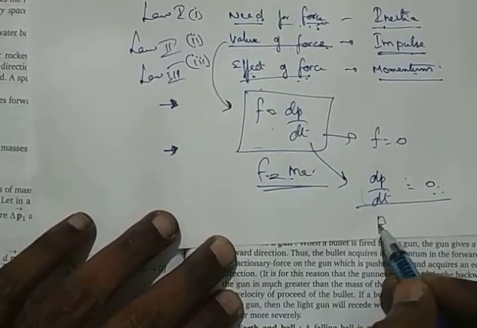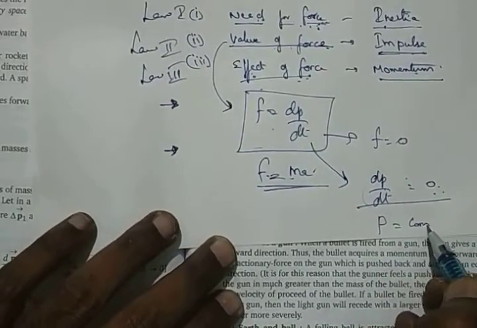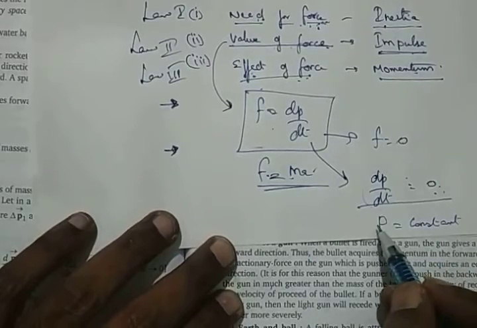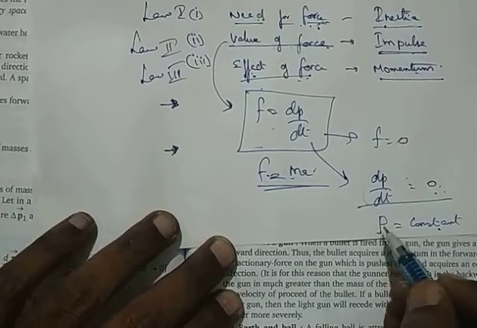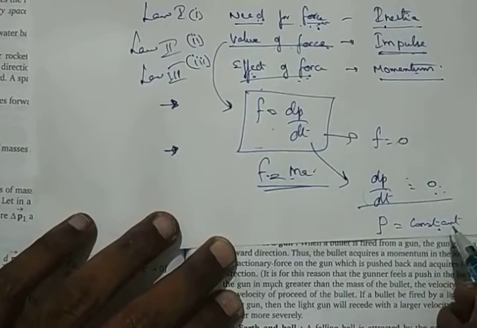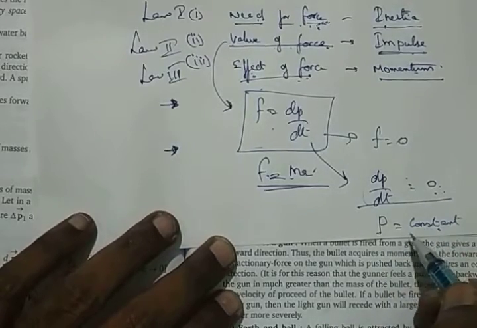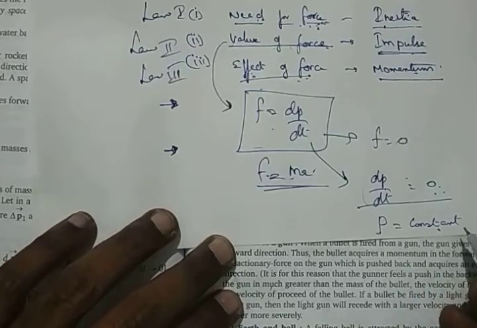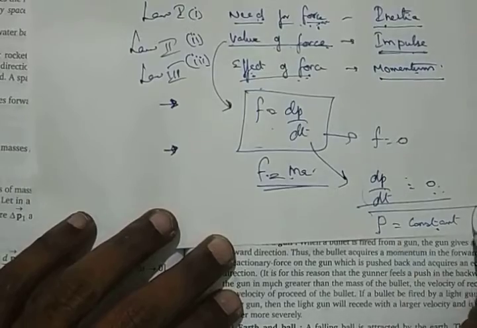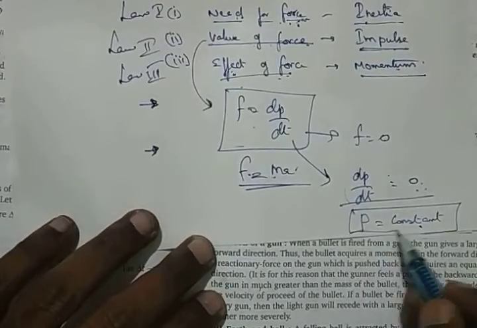That means the momentum should be a constant value. When you have a constant value of momentum, when you differentiate, dp upon dt becomes 0. So momentum is constant. That's the final conclusion.